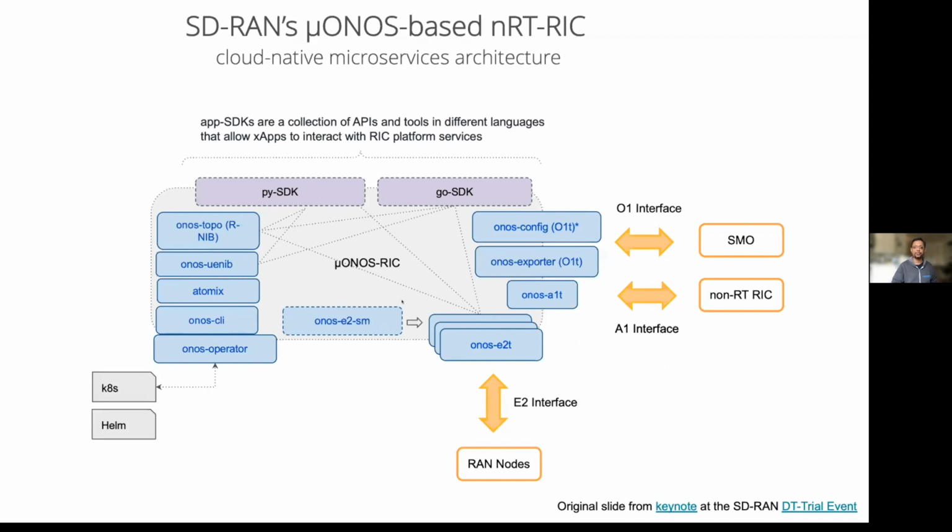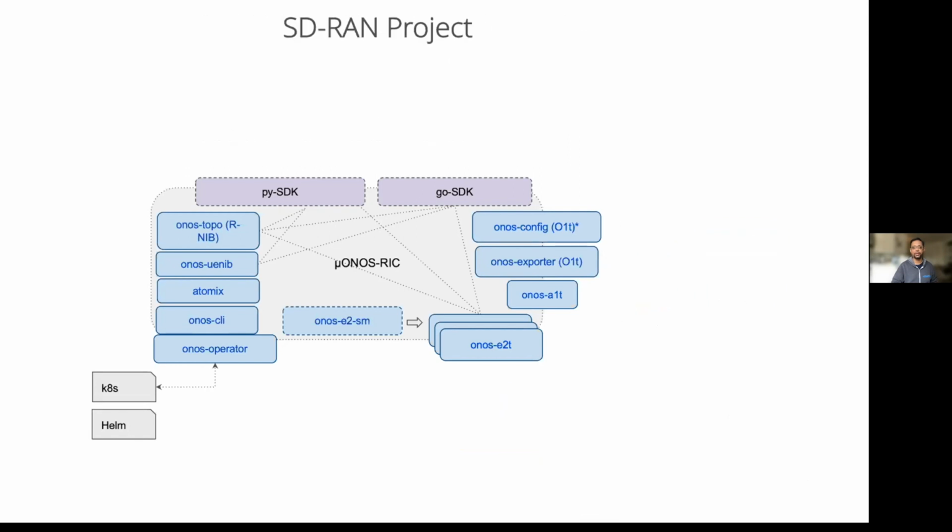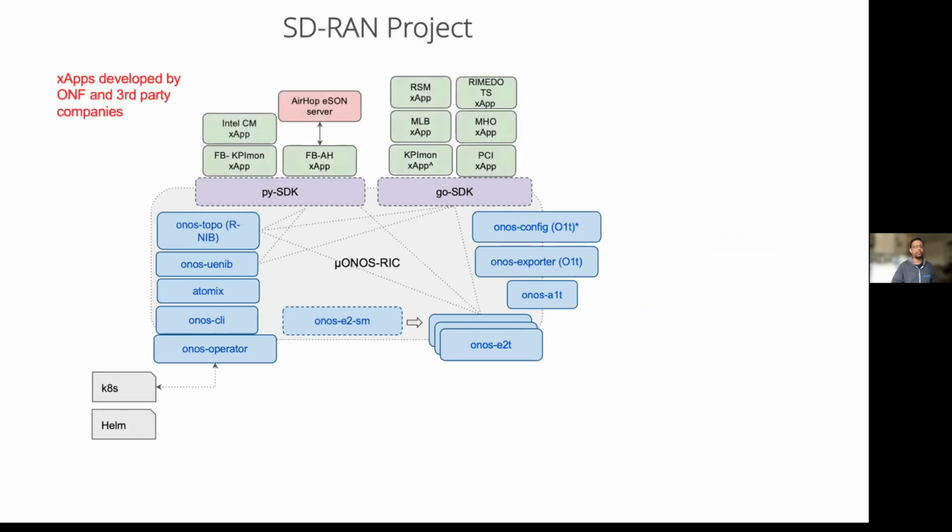So if you would like to find out more about the micro ONOS near real-time RIC, please take a look at this link. But that's not all. In SD-RAN, we don't stop at just the work of building the RIC platform. What we do then is work with our partners to develop XApps on top of these two SDKs.